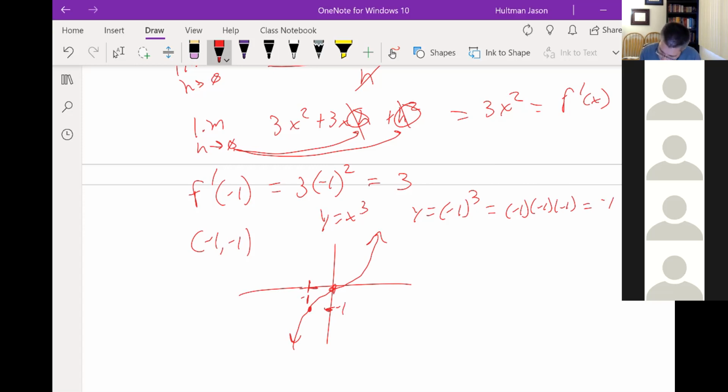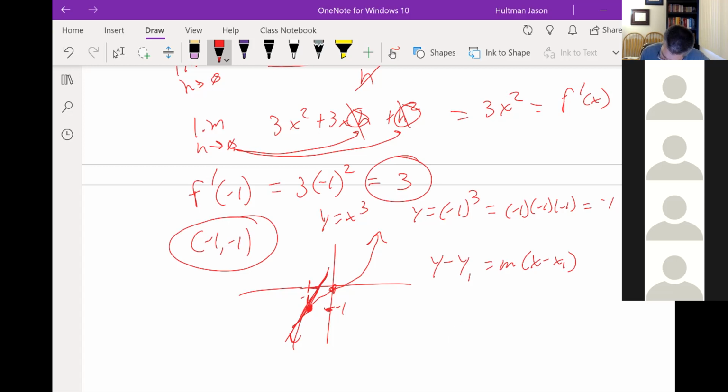Okay, so right here we're at -1, -1. We want to know the equation of that tangent line, right? So we could use point-slope form: y minus y1 equals m times x minus x1. We knew it goes through that point, but then we used the derivative to calculate the slope of the tangent line. So m is equal to 3.